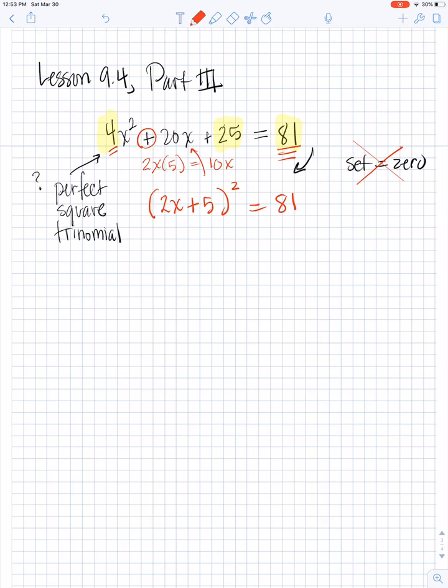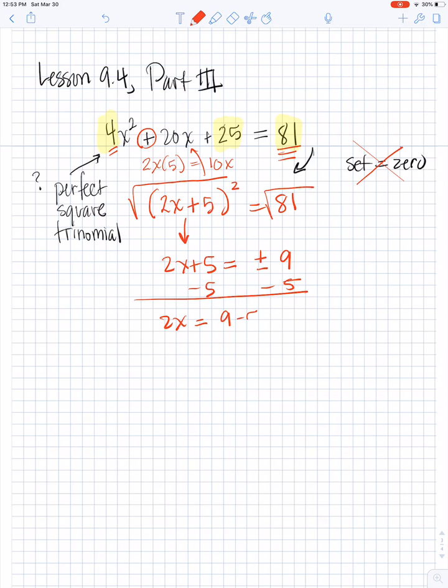So now we're all set to use the square root property of equality to unlock the left side of this equation. Remember, this just releases the radicand, so now I have 2x plus 5 is equal to plus or minus 9. I'm going to subtract 5 from both sides, so I have 2x over here, and on this side I have 9 minus 5, and we also have negative 9 minus 5.